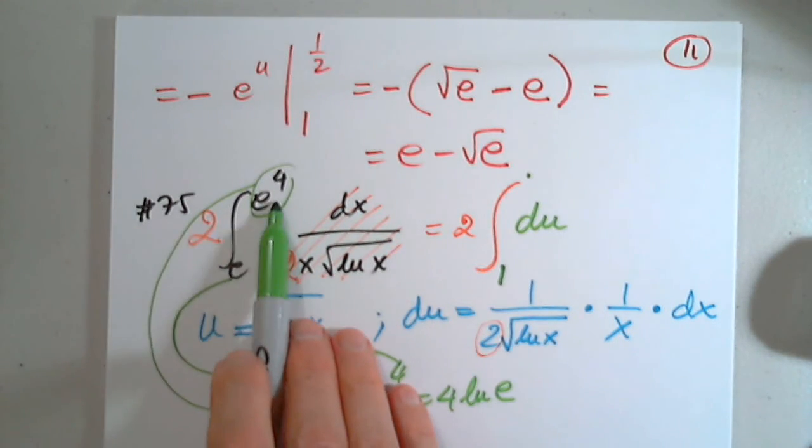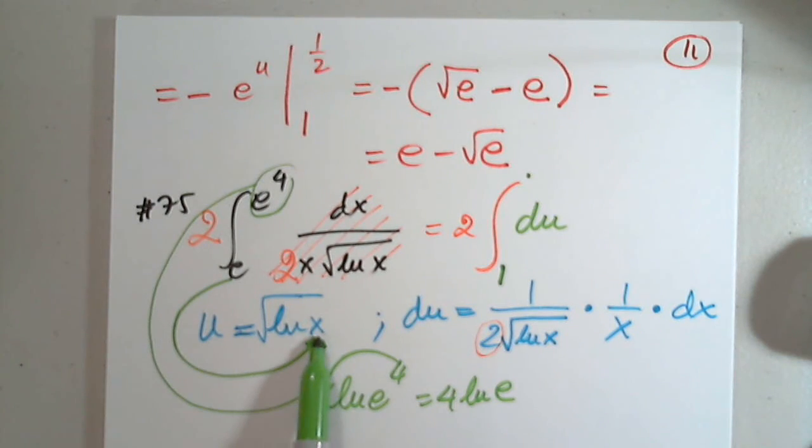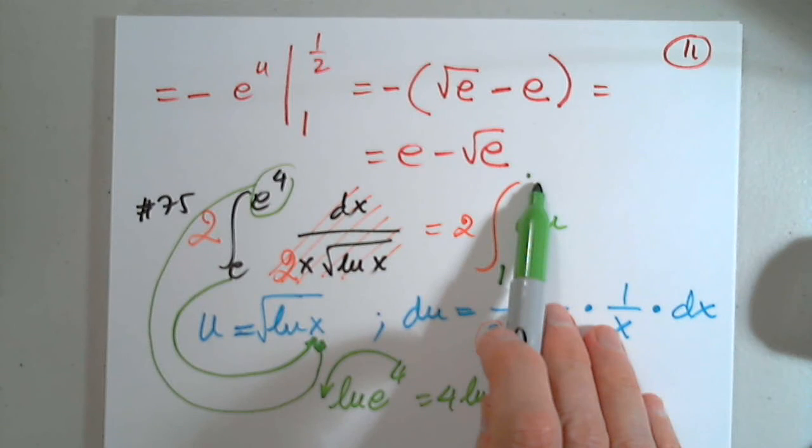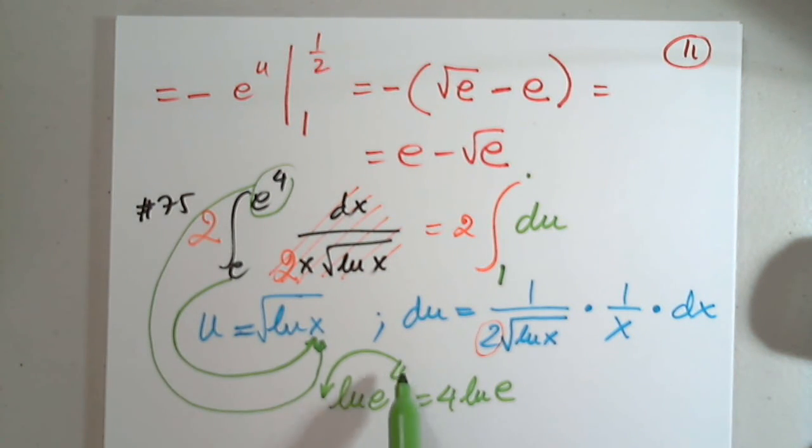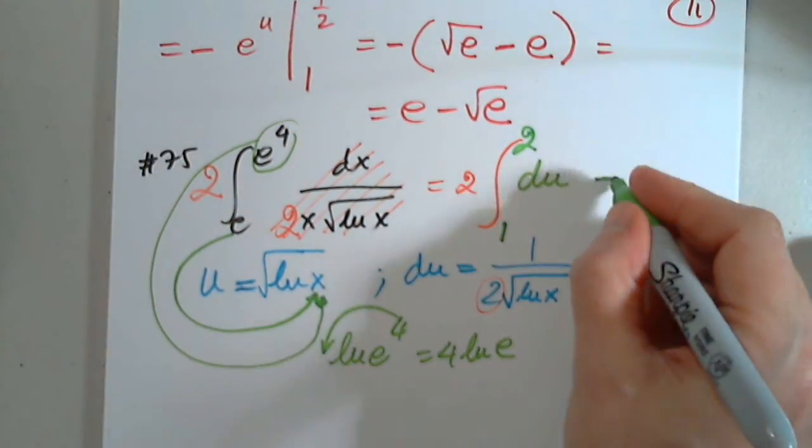Now I have to plug in e to the fourth in x to determine the upper limit for u. So natural log of e to the fourth, I bring 4 in front, so I have 4 natural log e. How much is natural log e? 1. So 4 times 1, 4. How much is the square root of 4? 2. Great job.